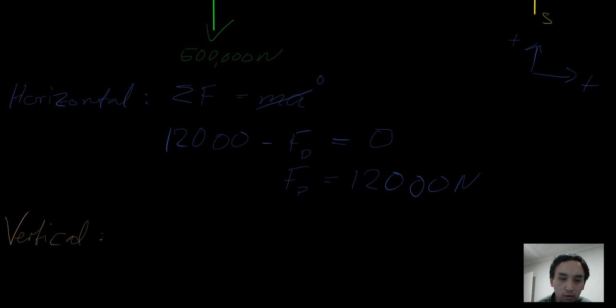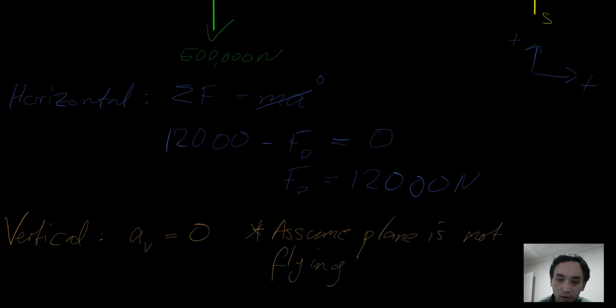So the vertical acceleration is equal to 0. So just make a note here. Assume the plane is not diving or flying up and down. It's traveling in a straight line that is parallel to the ground.